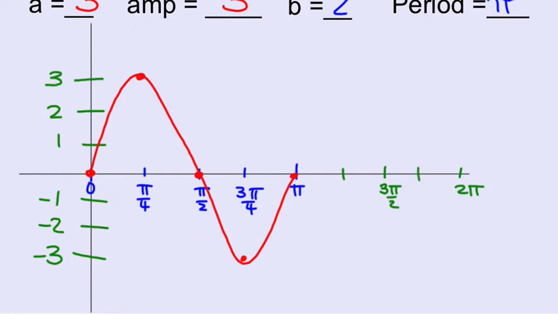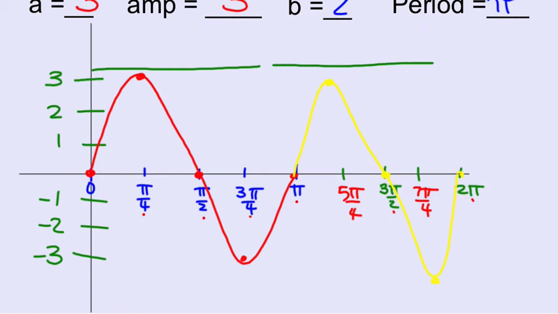So if you want to count it, pi over 4, 2 pi over 4, 3 pi over 4, 4 pi over 4, 5 pi over 4, 6 pi over 4, 7 pi over 4, 8 pi over 4, and then continue on. So I'm going to just change the color here. So I will continue going up to the middle, to the bottom of the amplitude, to the middle. And there would be a second revolution. This is one revolution. This would be a second revolution.